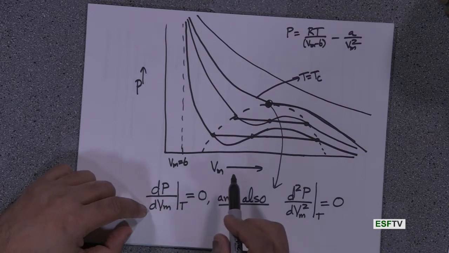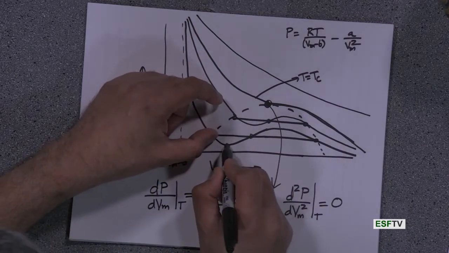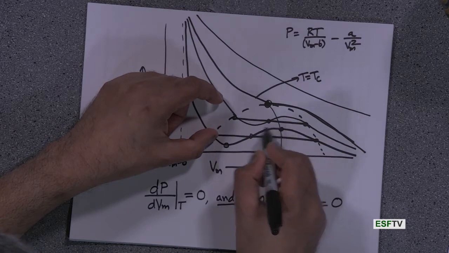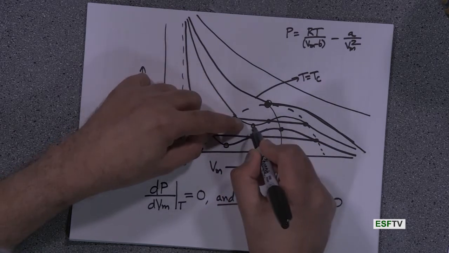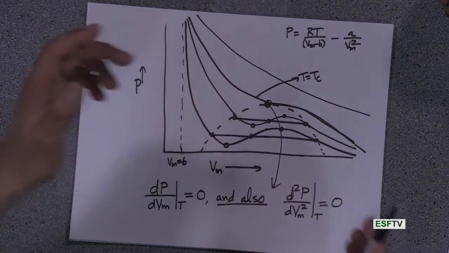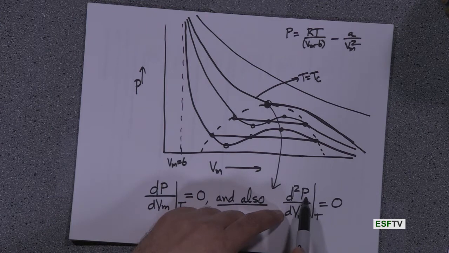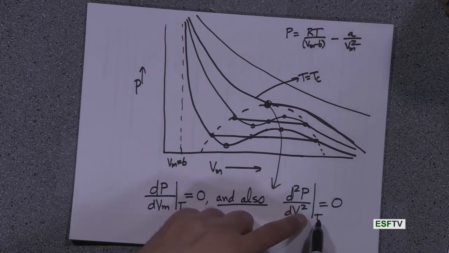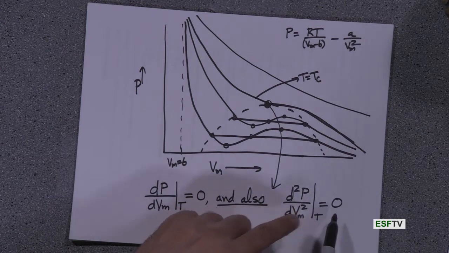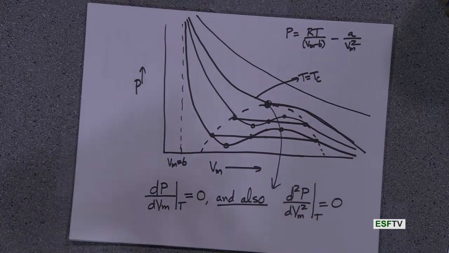Well, that's not such a big deal, because if you look at these, the slope is 0 here, it's 0 at this trough, it's 0 at this peak. There's a whole bunch of points where it's 0. But also simultaneously, the second derivative of pressure on molar volume, also at fixed temperature, is 0. Why does that happen?